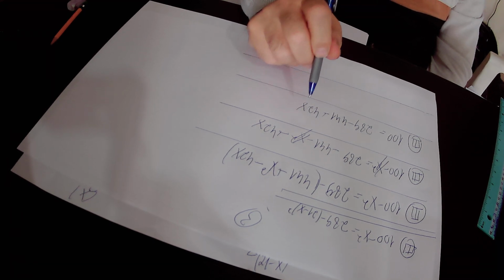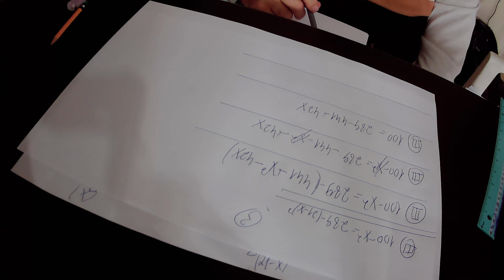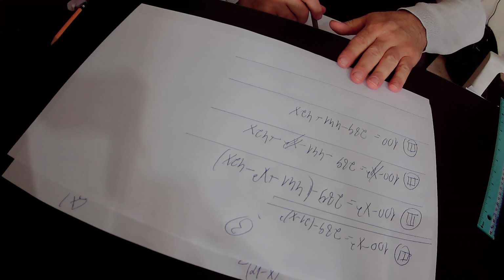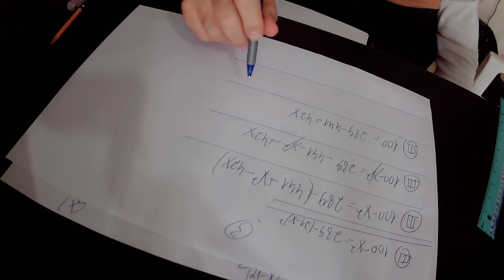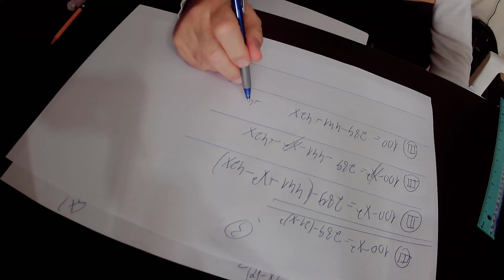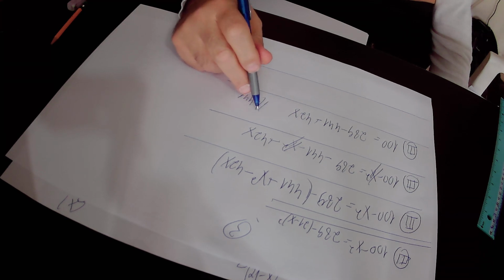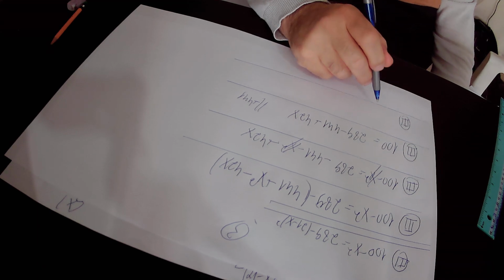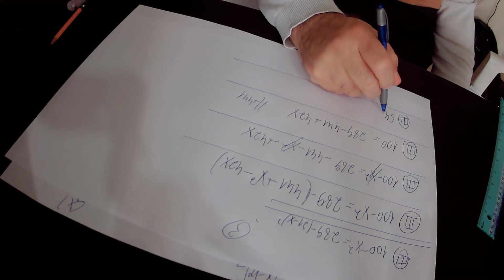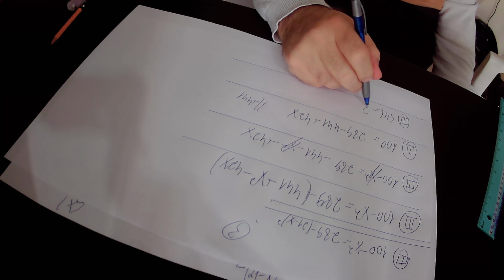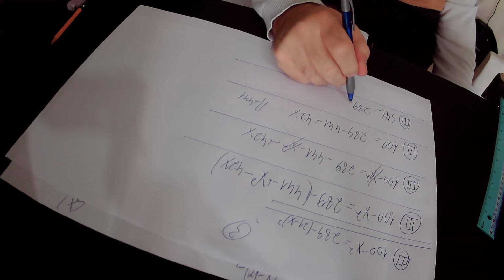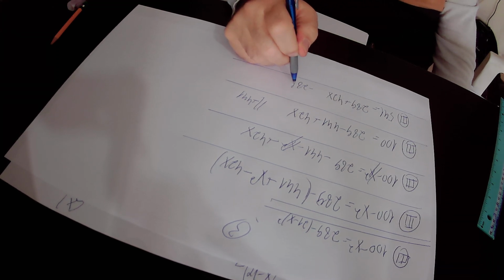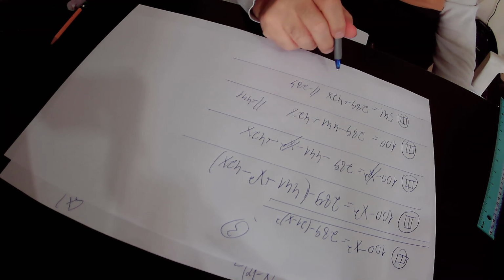So 100 equals 289 minus 441 plus 42x. Here we add 441 to the equation, and 441 plus 100 is 541, which equals 289 plus 42x.